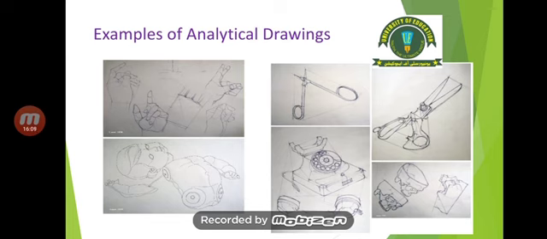Here you can see that the artist has tried to capture very minute details of the objects and of the anatomy by studying various angles and viewpoints. Each segment of the object, of the still life, of the anatomy has been studied very carefully with the help of lines.